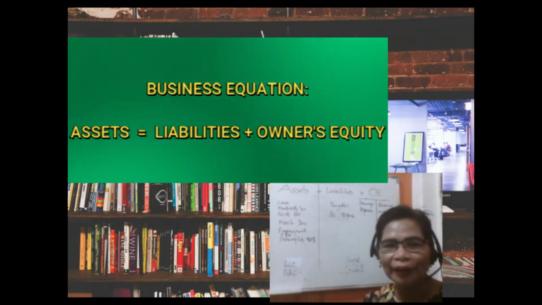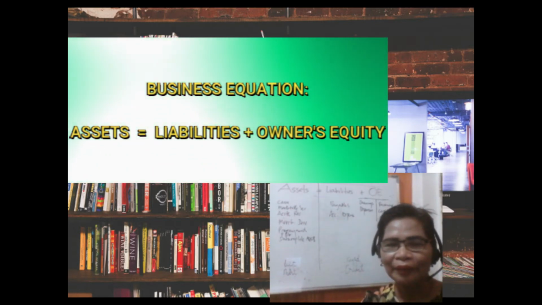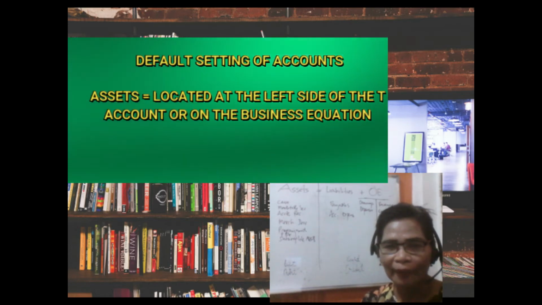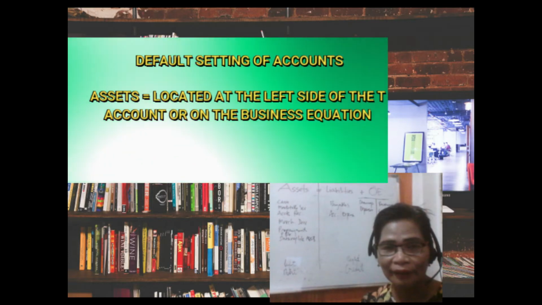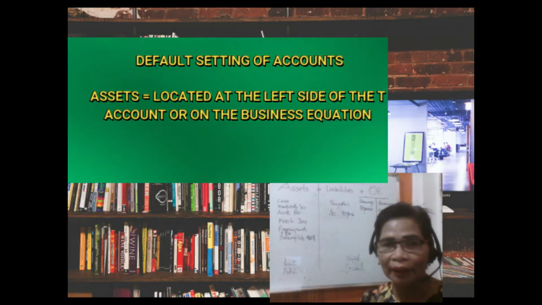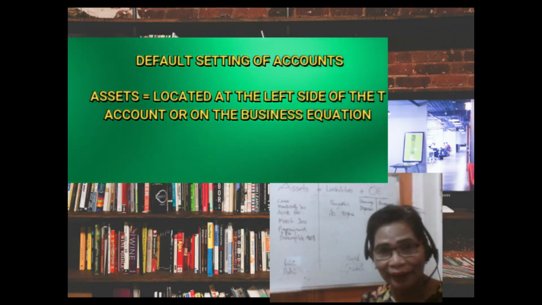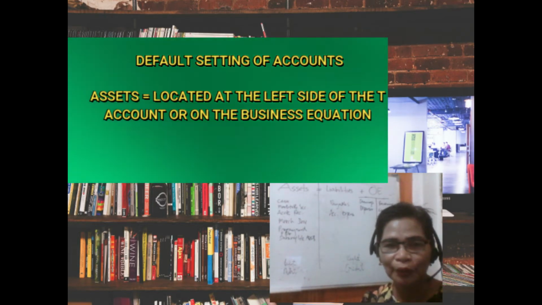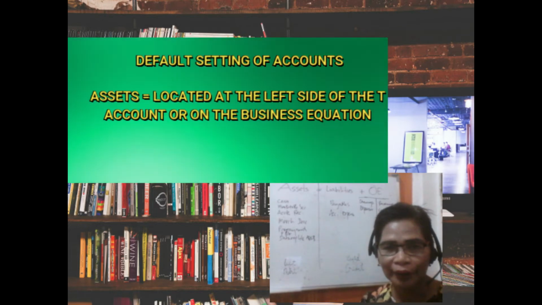For the number 2 reminder, familiarity with the default setting, it is important that you know what accounts are located at the left side and at the right side. That is a very important reminder so that you will know how to make accurate journal entries.